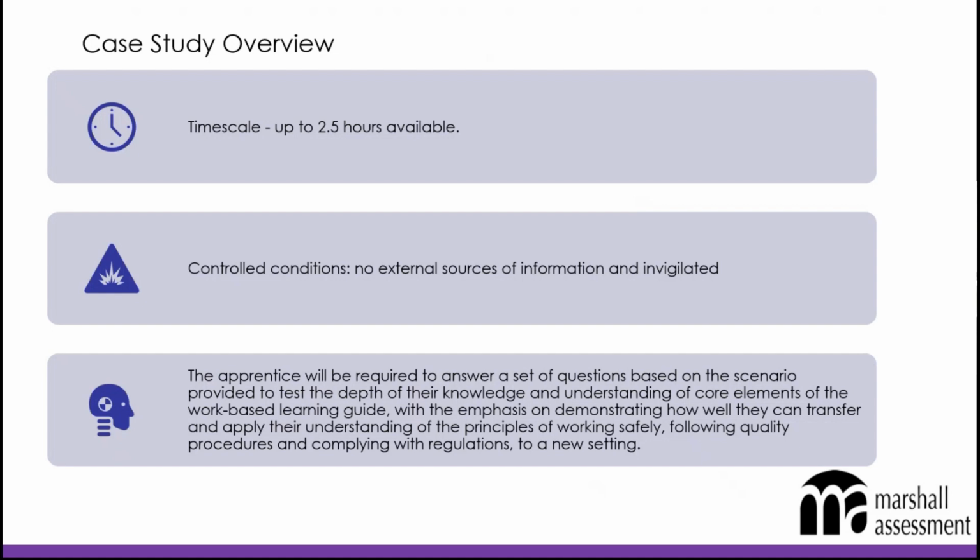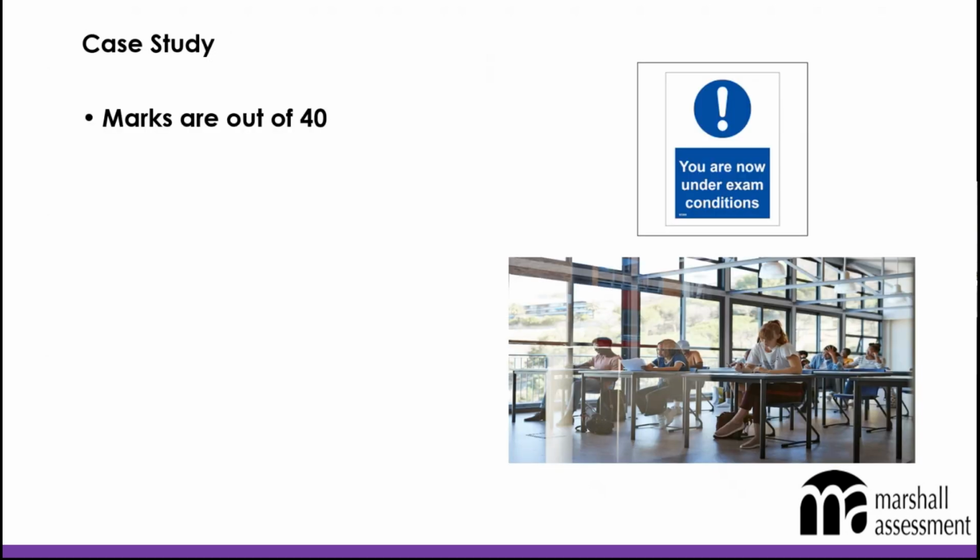And we'll talk about those different terms that you need to think about and to identify to get the best responses to the questions. Okay, so you need to be able to apply your understanding of the principles of working safely, following quality procedures, and complying with regulations to that new setting. So it's out of 40.